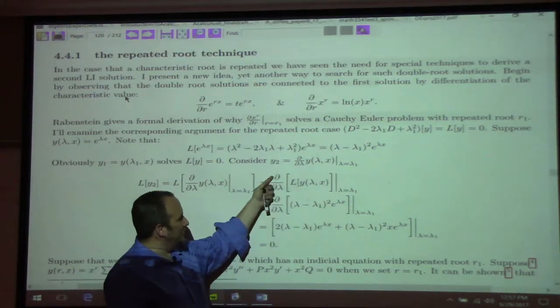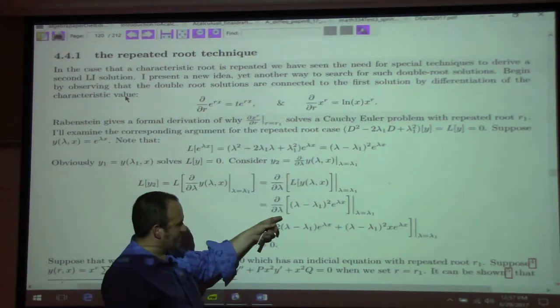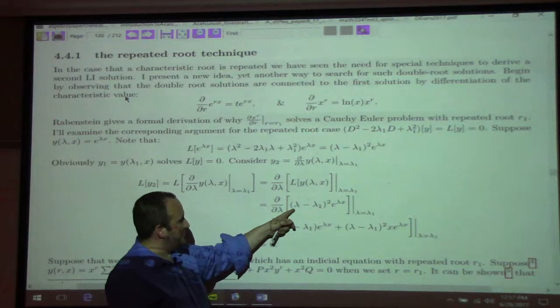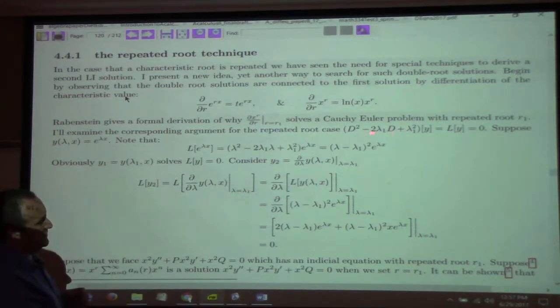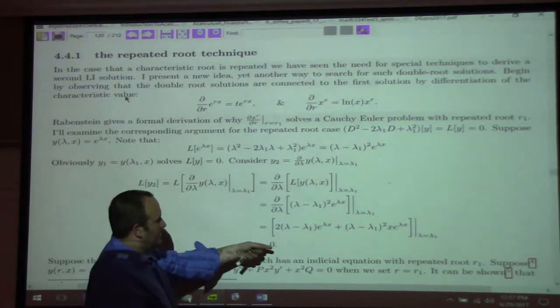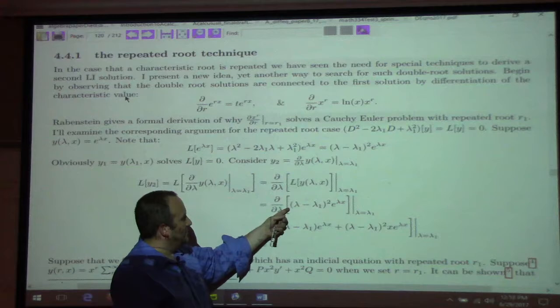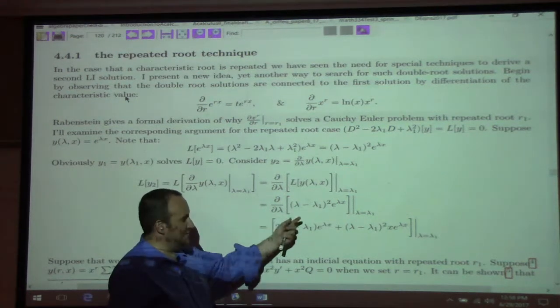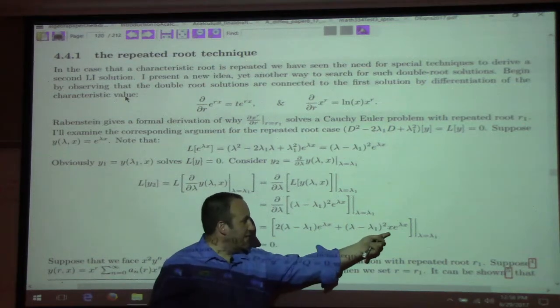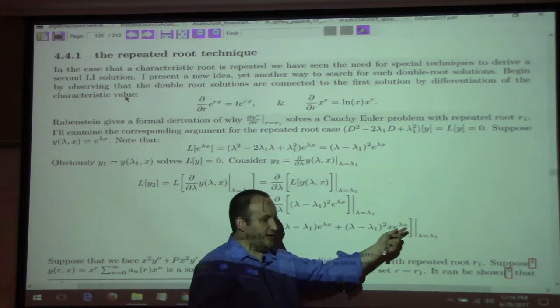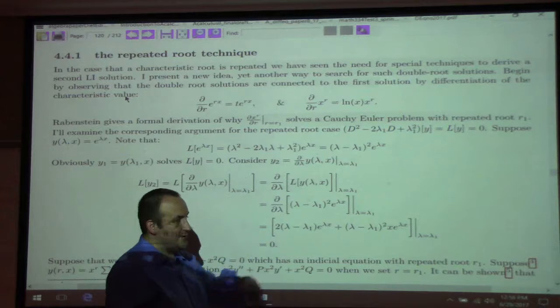When I differentiate that with respect to lambda, that just gives me (lambda minus lambda 1) squared e to the lambda x by the calculation up here. And if I differentiate with respect to lambda, this gives me twice the difference of the lambdas, times x e to the lambda x. But when I plug in lambda equal to lambda 1, I get 0.